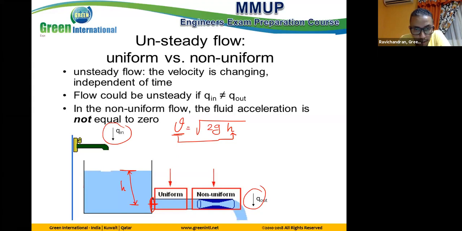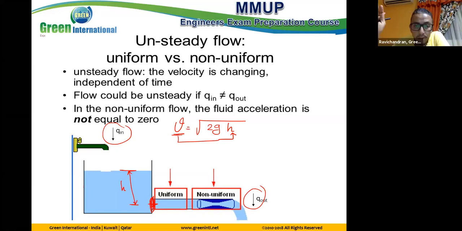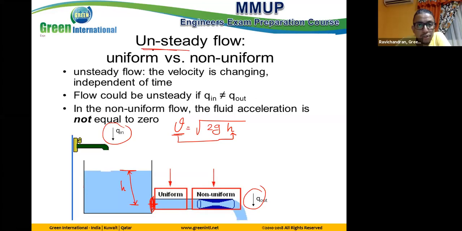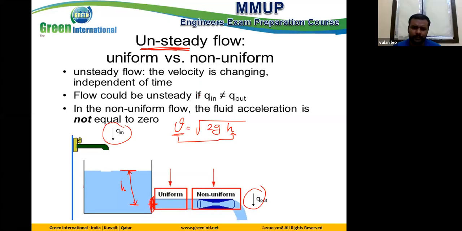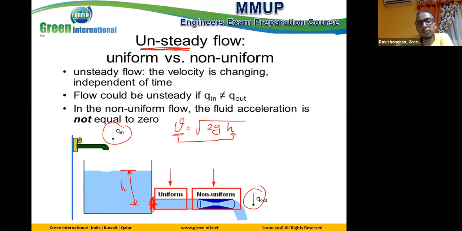So the velocity crossing this cross section at a certain position increases or decreases according to the h level. So for sure, it is unsteady. Yes, good.